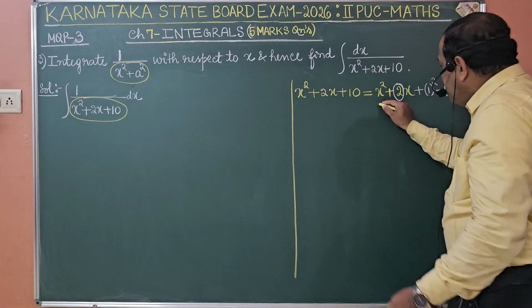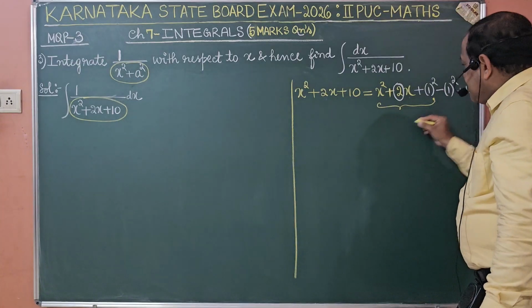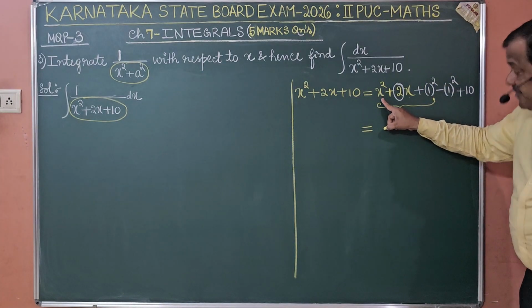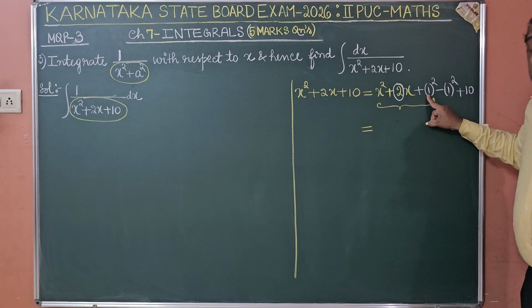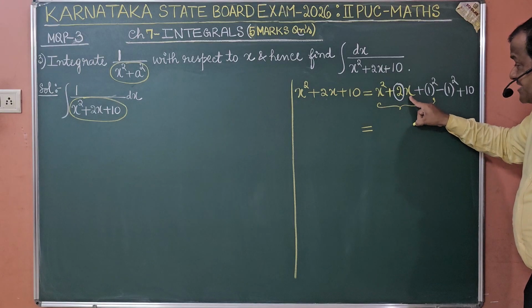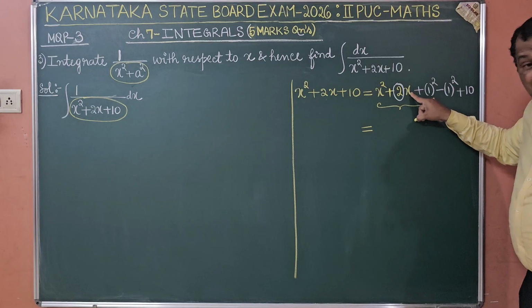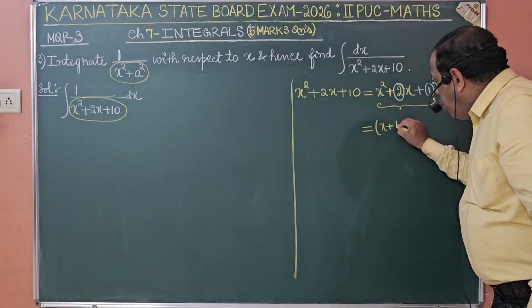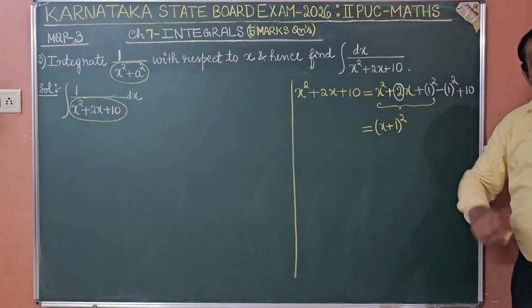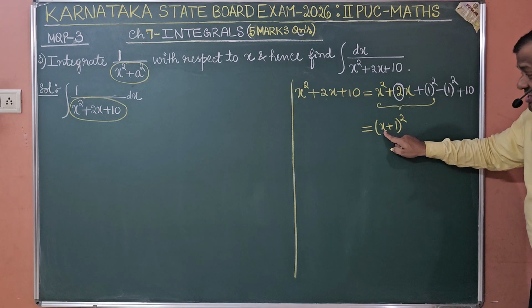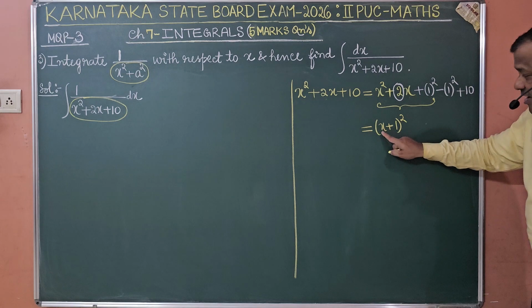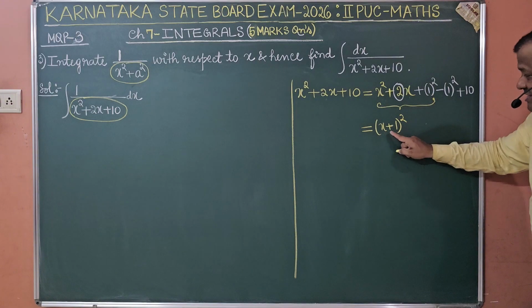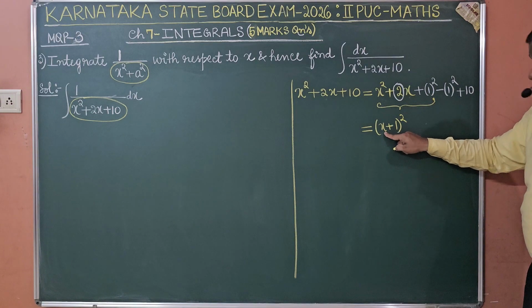Now from here to here, this is a perfect square. This looks like a square plus b square plus 2ab, where a is x and b is 1. Therefore this is x plus 1 whole square. If you want, you can expand it back in your mind and check. The a plus b whole square formula: x square, plus 1 square, plus 2 into x into 1 is 2x, which is here.